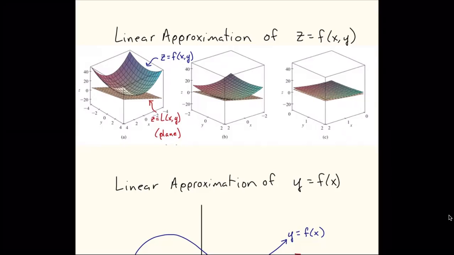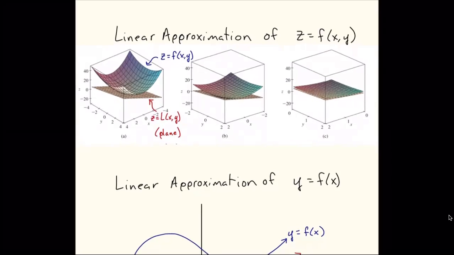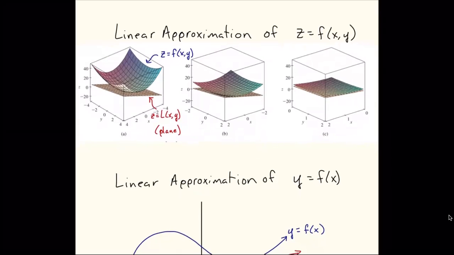So what's happening in the picture as we move from left to right is we're zooming in on this situation. And this is just to convince the student that as we get closer, so pay attention to the axes here, the scale is decreasing, right? We're zooming in closer and closer.